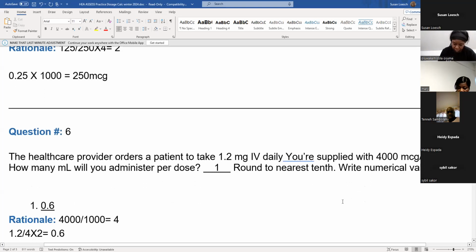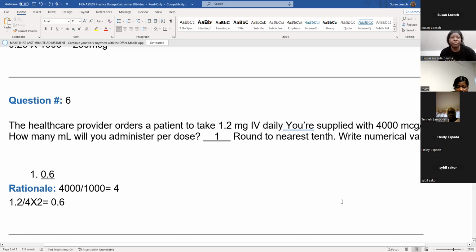Everybody was able to get to 0.6? Yes, 0.6.